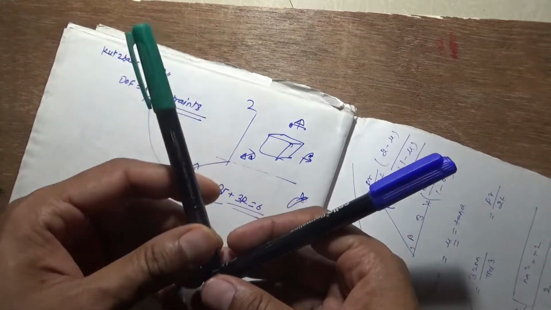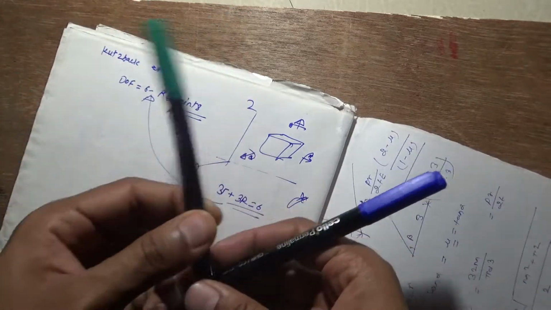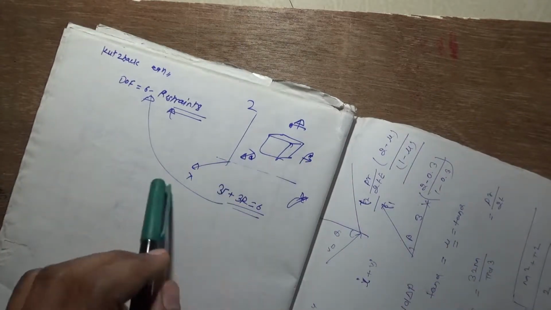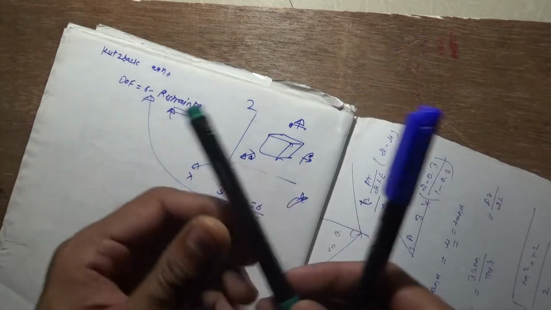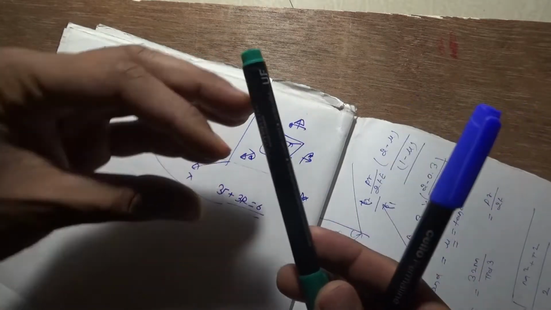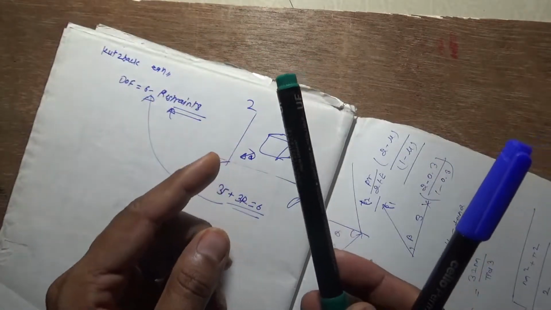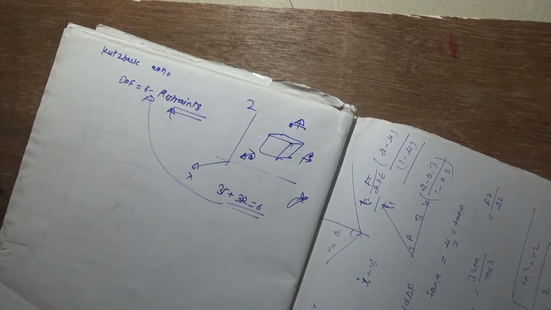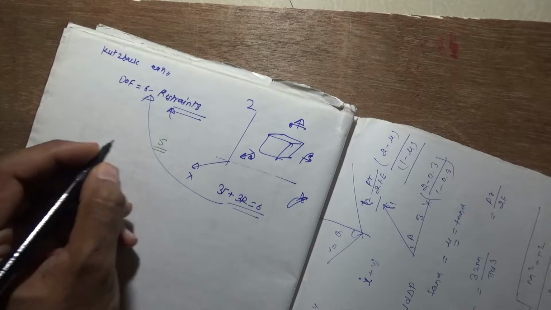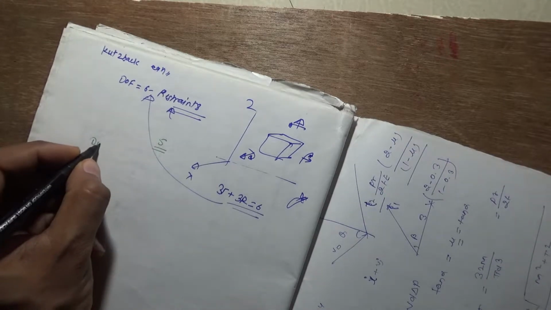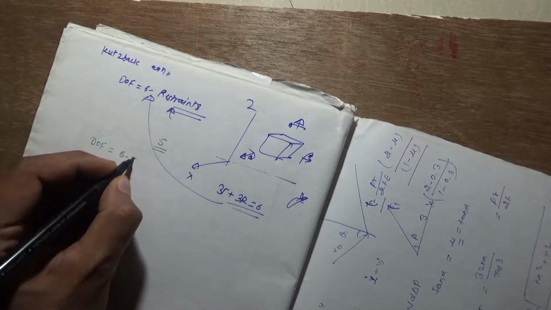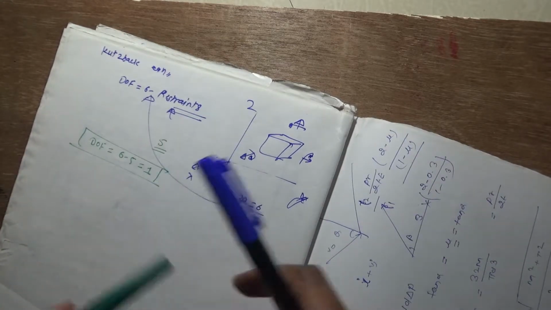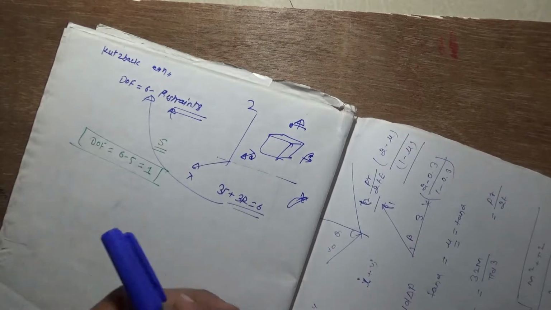It can rotate only in the xz plane, so it is only one motion. So the number of restrictions is 5. So the degree of freedom of this link is 6 minus 5 equal to 1. So it is having degree of freedom 1. So this is the meaning of restriction.